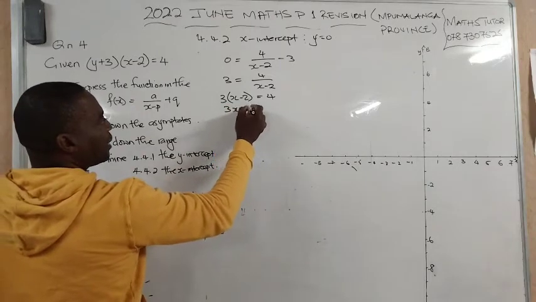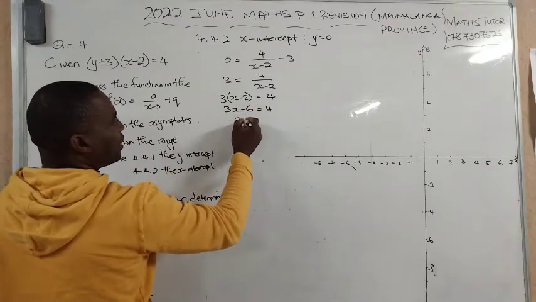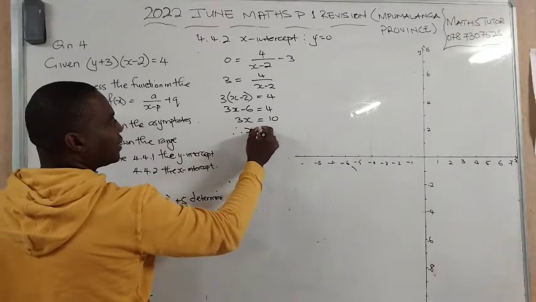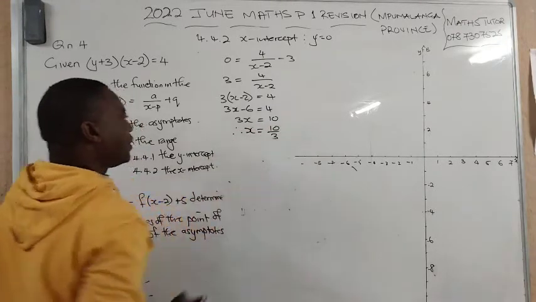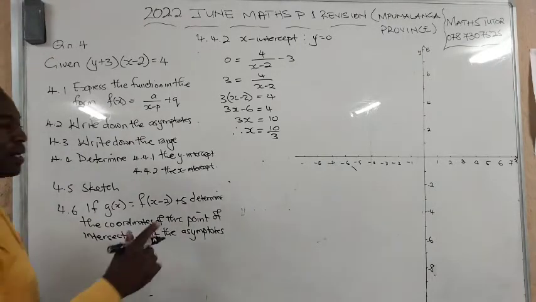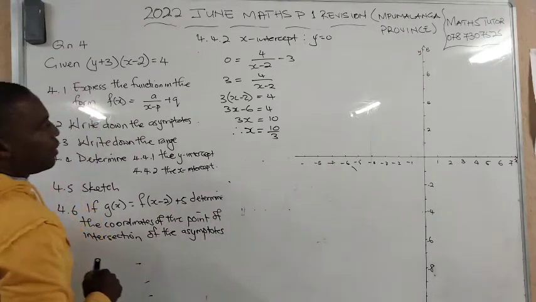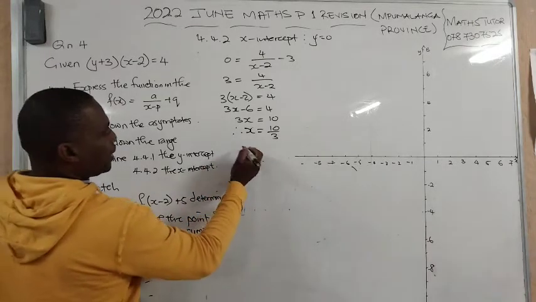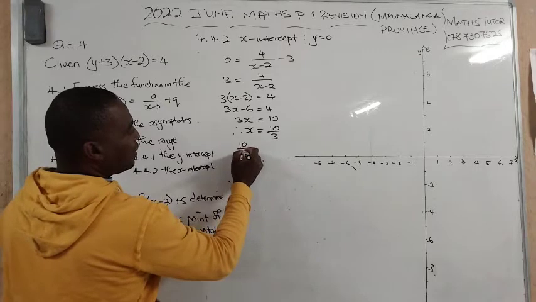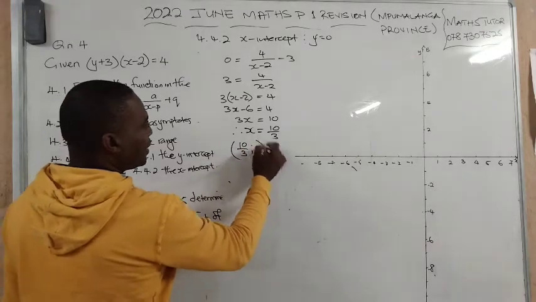That is 3x minus 6 is equal to 4. 3x is equal to 10. Therefore, x is equal to 10 over 3, which is 3 and a third, or 3.33. Alright, so the graph is going to cut the x-axis at (10/3, 0).